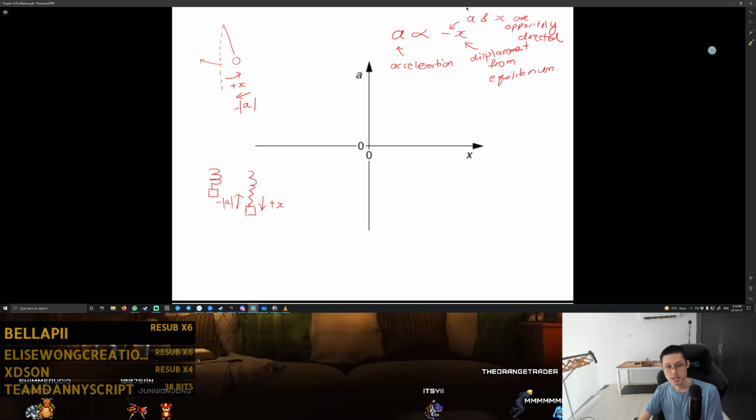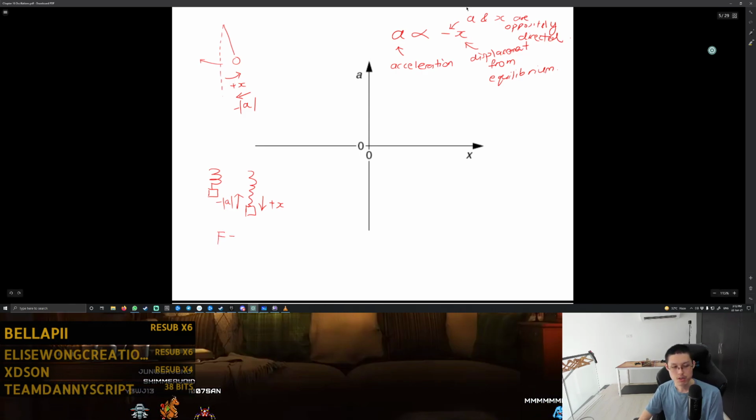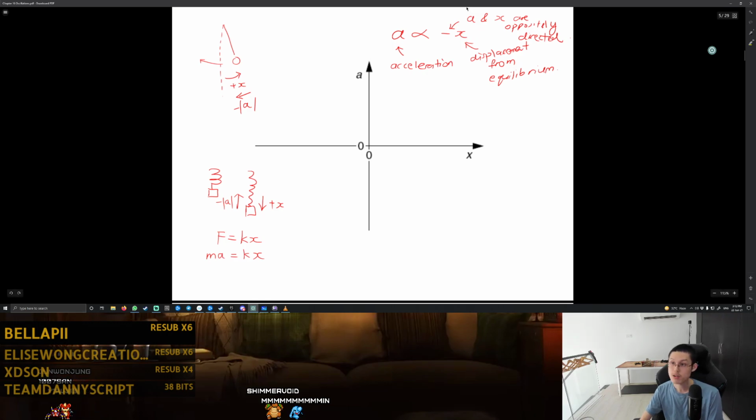In fact, you've actually seen something like this before back in AS. It's Hooke's law. F equals kx. Right? F is actually ma. Actually, I forgot to put the negative. My bad.